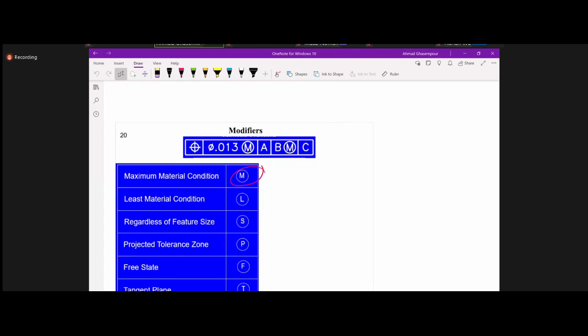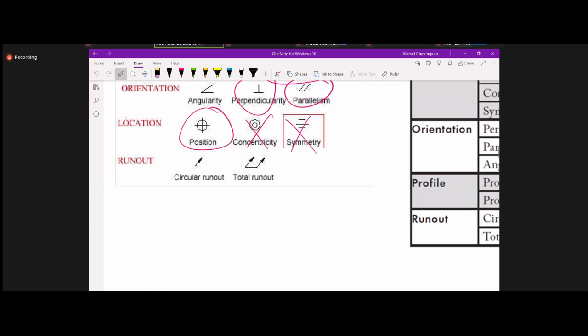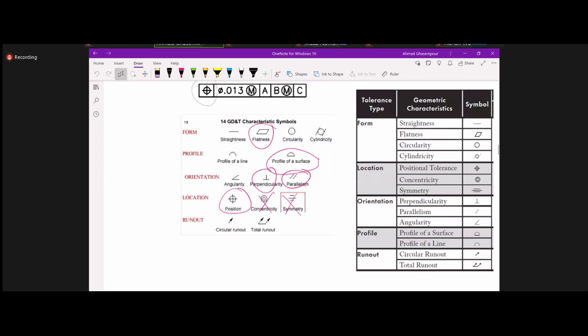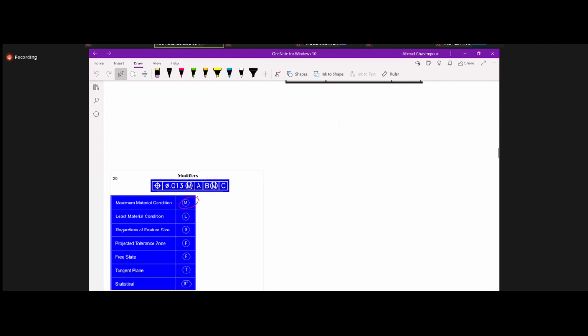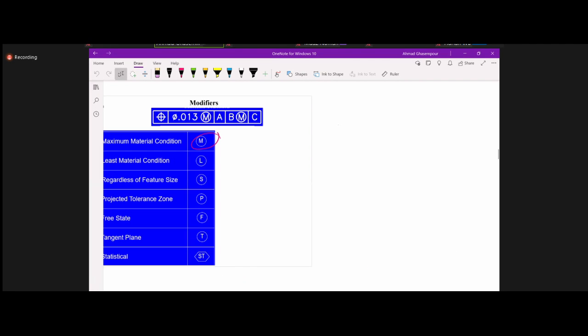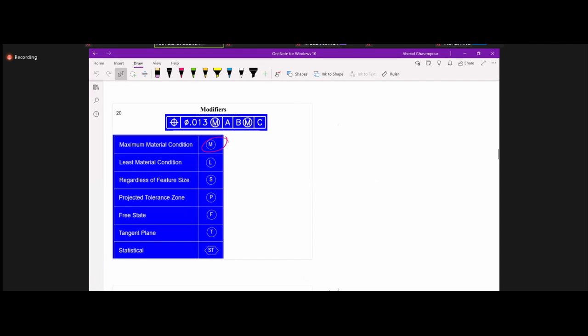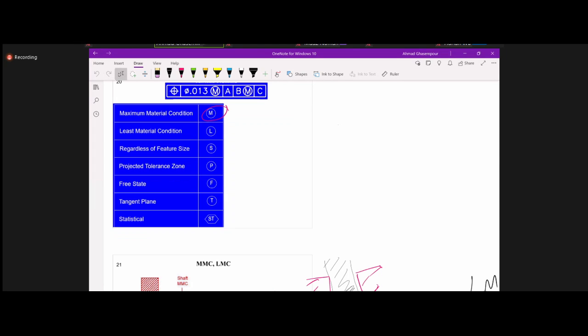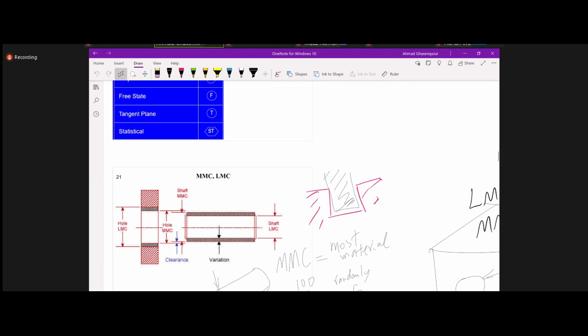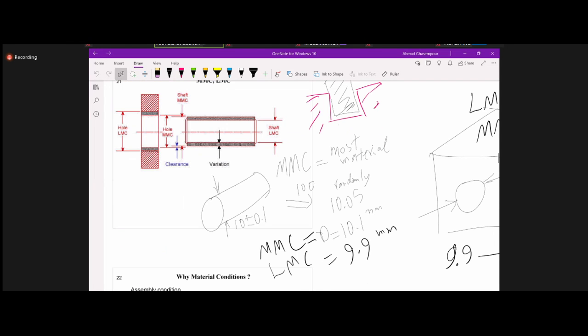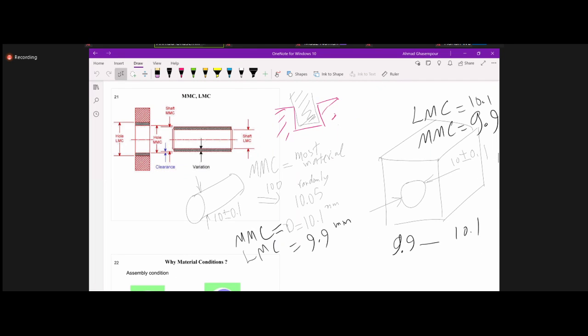What we were doing was we haven't looked at the individual geometric tolerances yet. We were looking at modifiers. There's a whole bunch of them, and new ones were introduced in 2009, and I don't think they added anything in 2018. But for now, we are just looking at the material conditions very briefly. We'll come back to that. I'll talk about maximum material condition and least material condition for features of size.